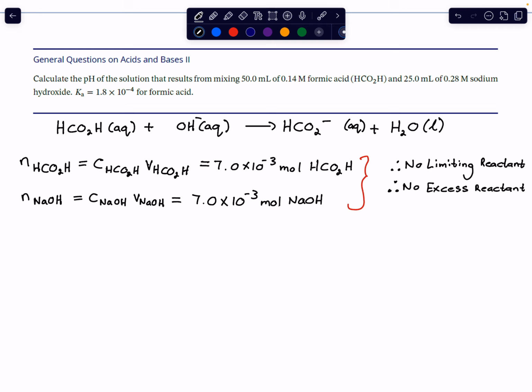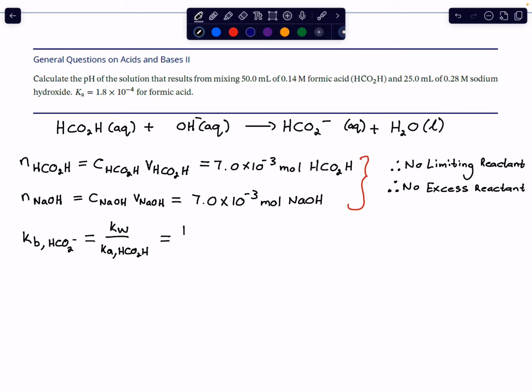So formic acid has a Ka value of 1.8 times 10 to the negative 4. So that means the formate anion must have a Kb value. Kb of HCO2 minus can actually be calculated from the Kw value, and hence it will have an effect on the pH. So that is where our attention must turn.